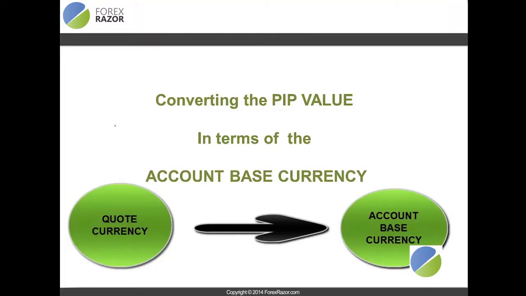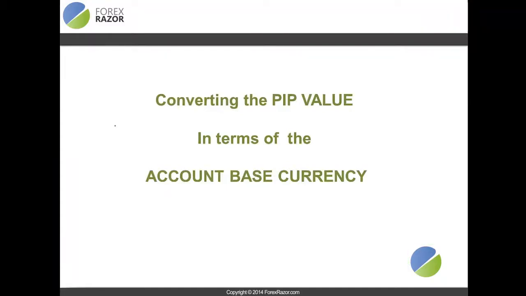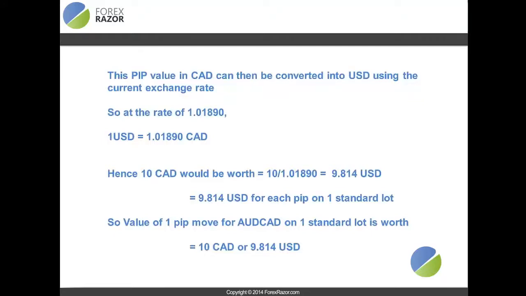All you need to do is use the current exchange rate of your code currency against your account-based currency. Consider the example of AUDCAD which we just discussed. We calculated the value of 1 pip of AUDCAD for one standard lot as 10 CAD or 10 Canadian dollars. Now, if your trading account is in US dollars, then you can simply use the USD CAD or the US dollar against Canadian dollar rate to get the value of those 10 Canadian dollars in US dollar terms.